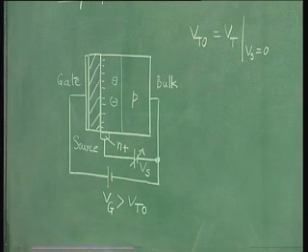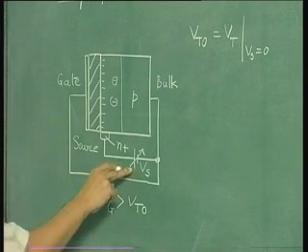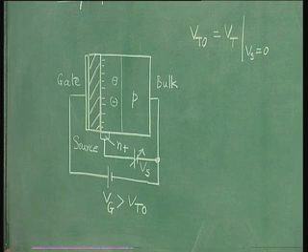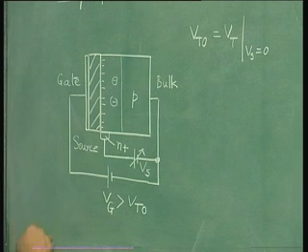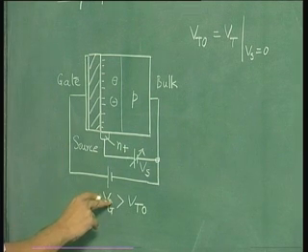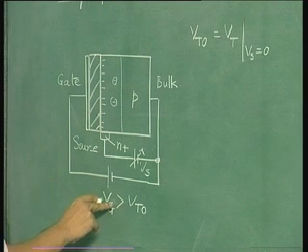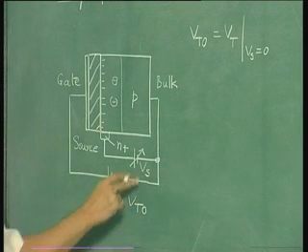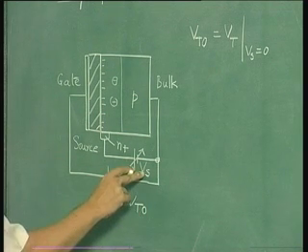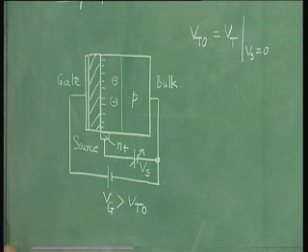Now to understand the effect of this Vs on the inversion layer, what we should do is we should start with a gate voltage which is very large, so that it is more than the threshold voltage corresponding to Vs equal to 0.